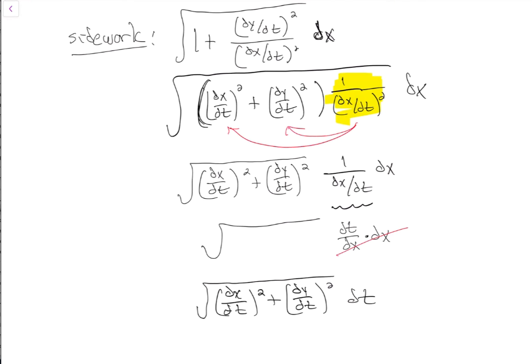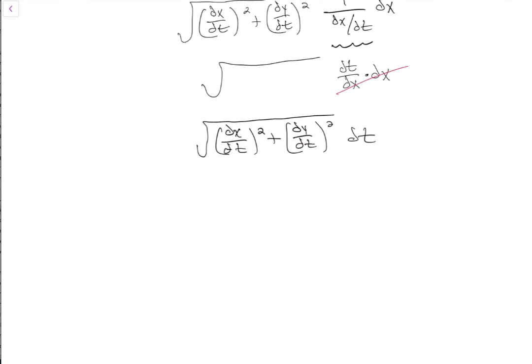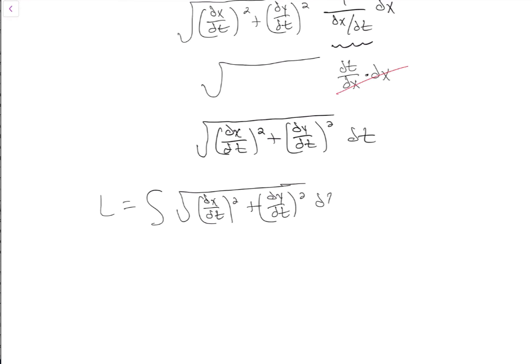That was a problem because the derivative inside is in terms of t. So now we have our expression, our integrand, with the dt differential. So in terms of parametric curves, the arc length is going to be the square root of, we take the derivative of the x term, square it, derivative of the y term, square it, and then dt.